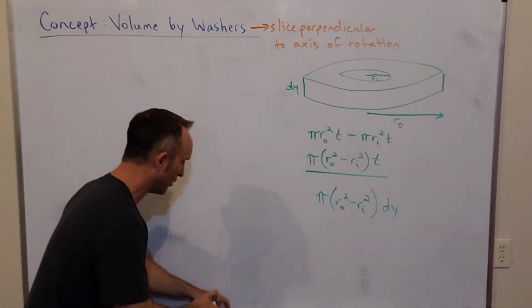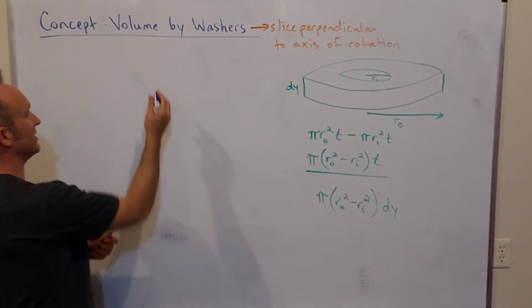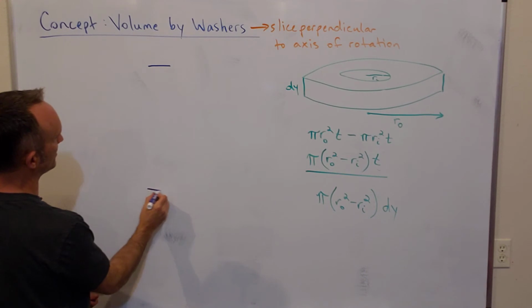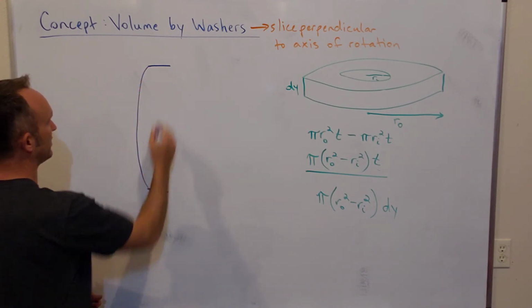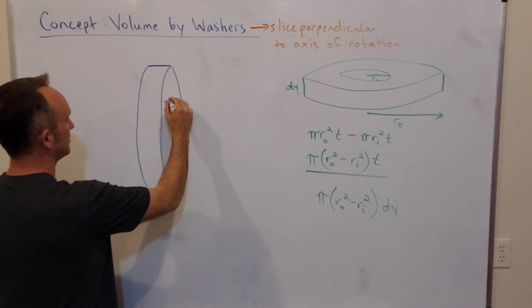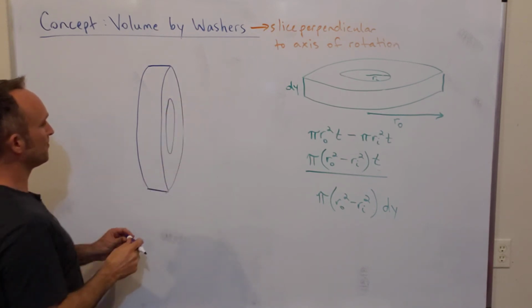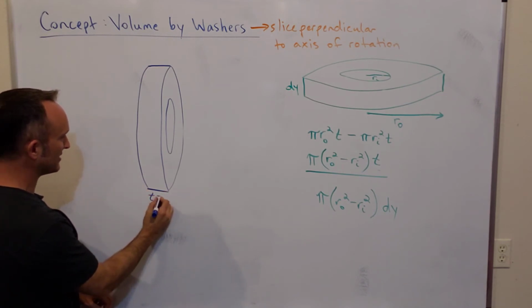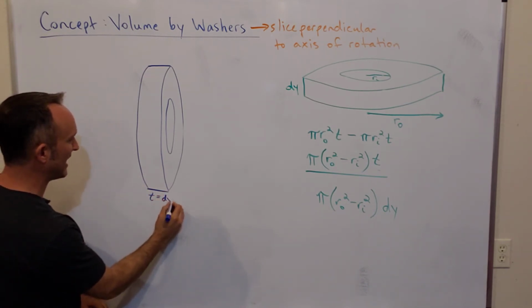If you have a vertically oriented disk, so now the top and the bottom run horizontally, something like this, then your thickness is a horizontal measurement, so it's dx.